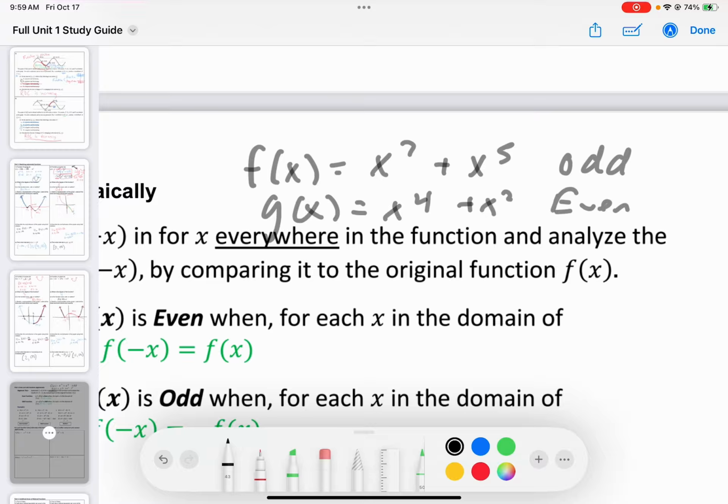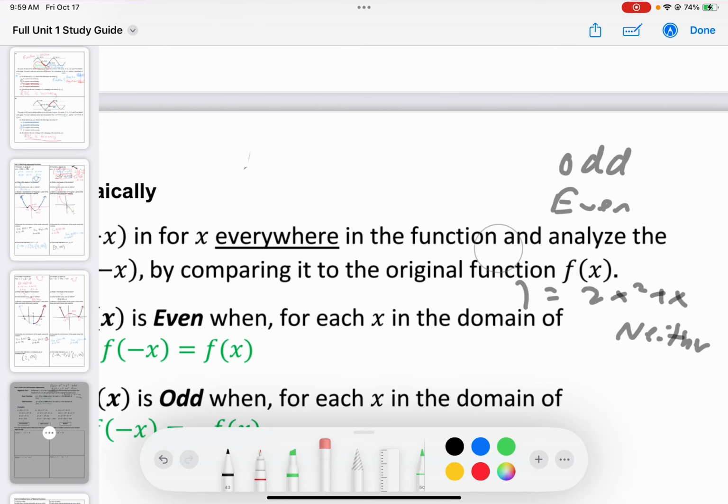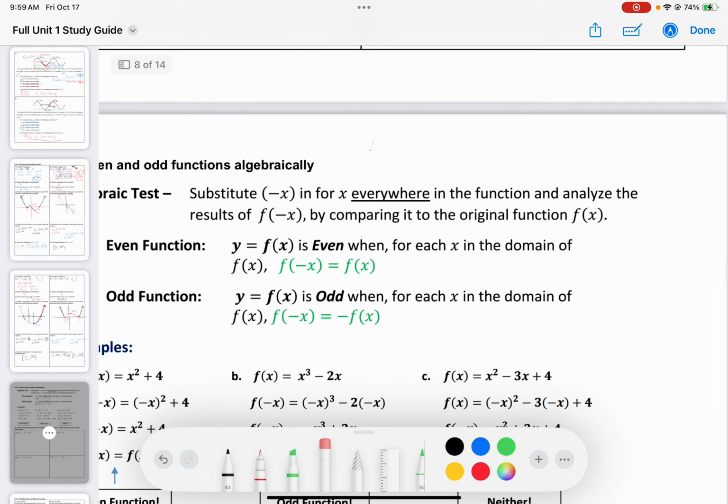If I have a mixture of even and odd terms, let's say 2x squared plus x, then it's neither. I mean, it's really easy just to eyeball it. But the curriculum seems pretty set on how to show it algebraically, and I'm pretty sure it's going to come up on the test.